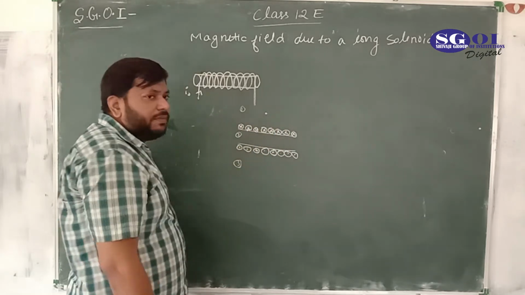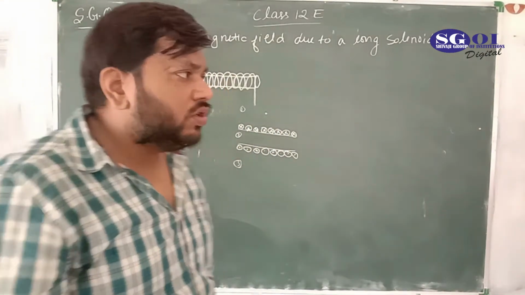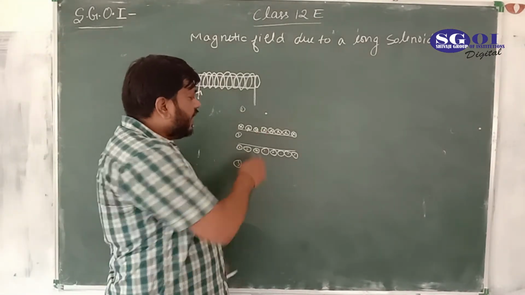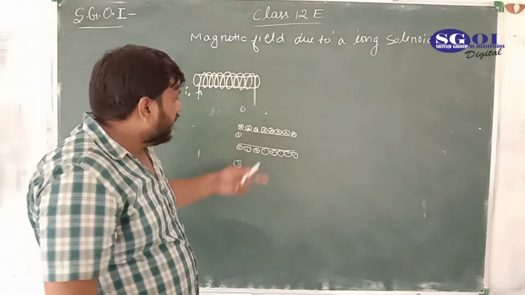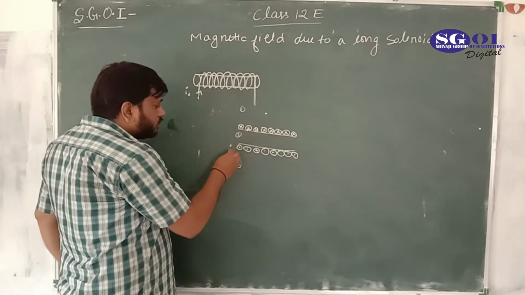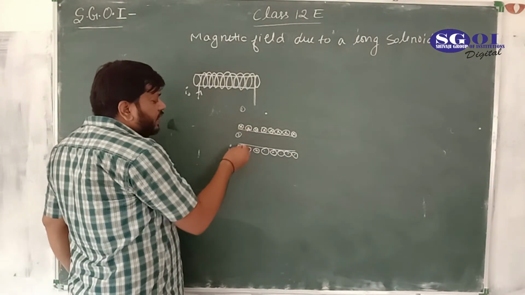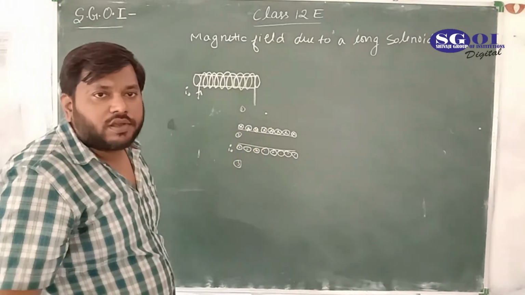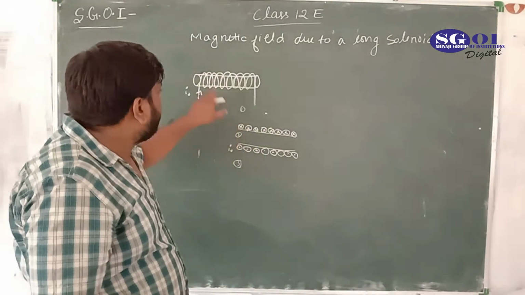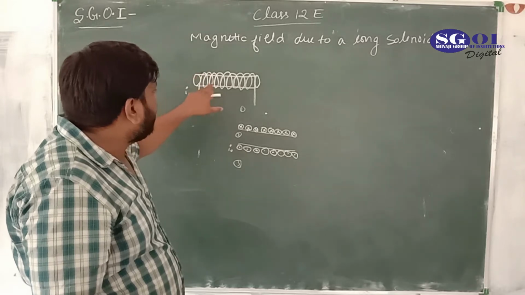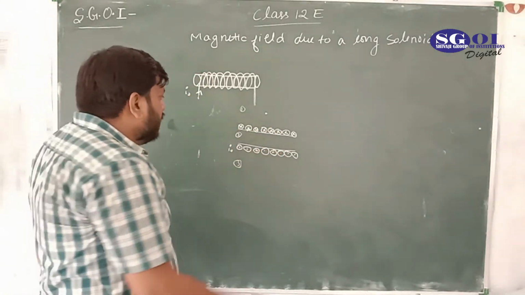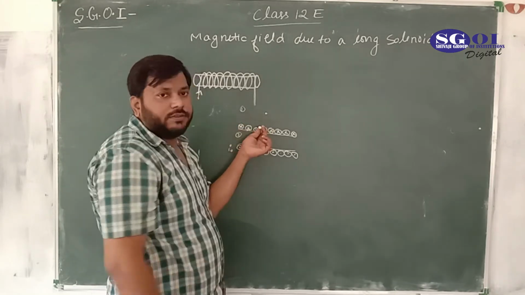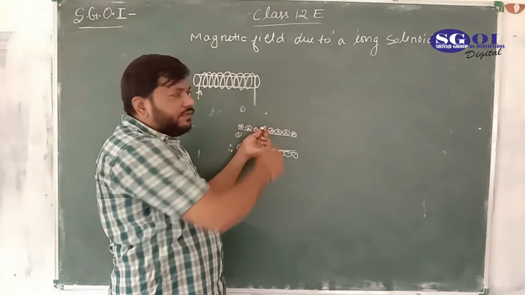Let's take a single element, and the current is I0, entering here and coming out there. Let's take a single part where current is going inward, and we would like to find the magnetic field at this point.